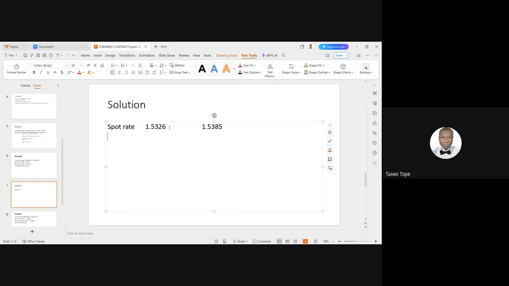And the 3 month forward rates are at a premium. Depending on whether it is directly or indirectly quoted, you add or subtract.